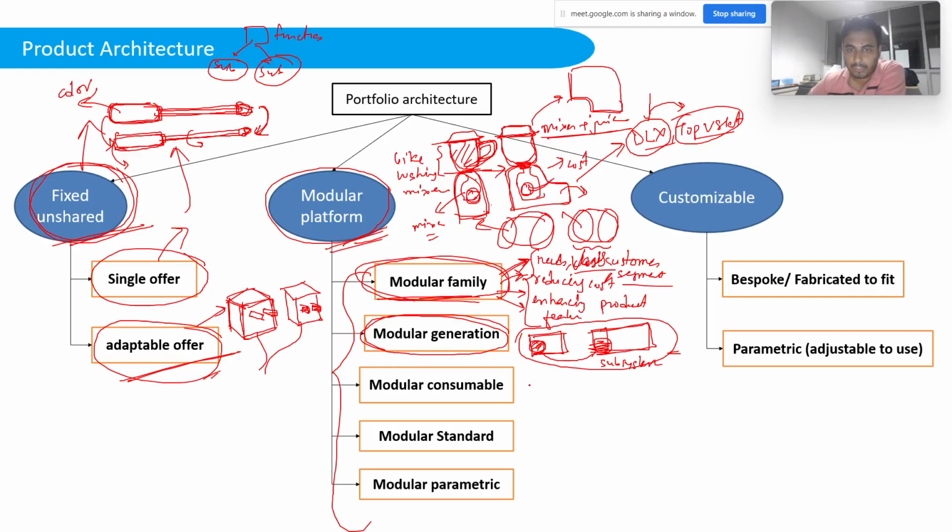Basically, here you need to consider one thing: the cartridge is not the product, but the printer that is designed around to accept that particular cartridge is the family of products. They are using the same consumables.